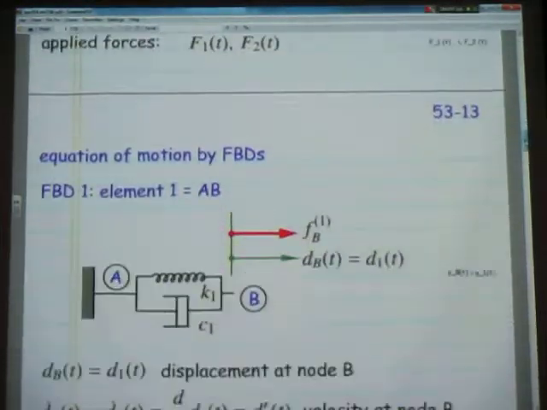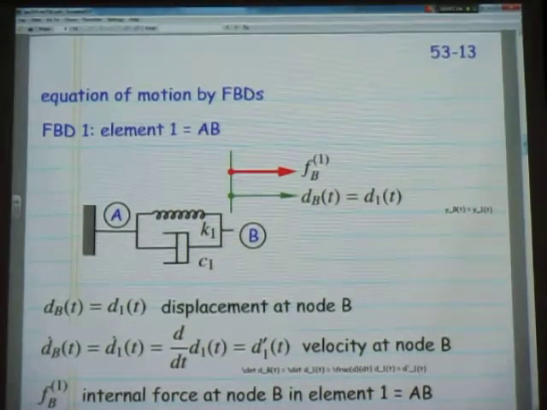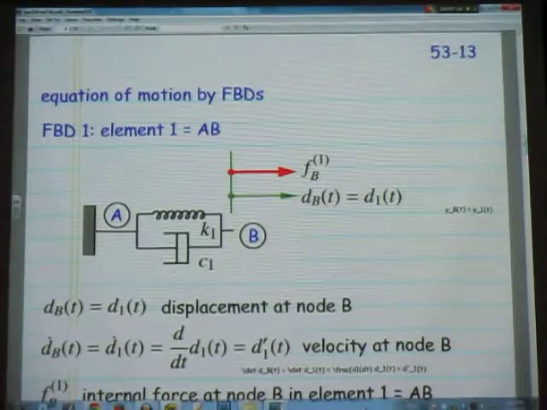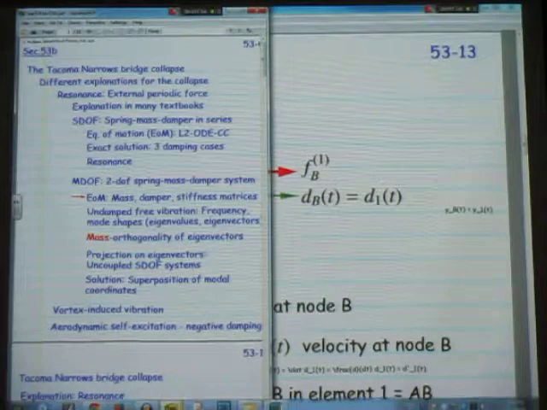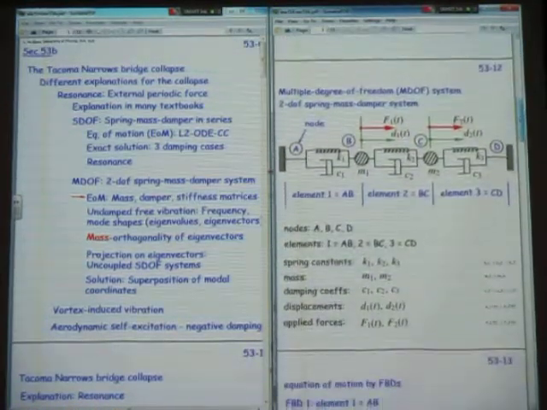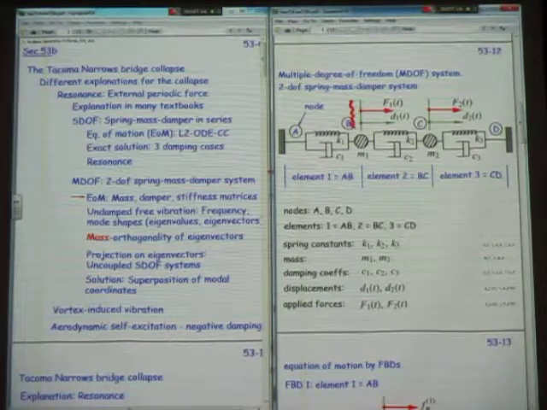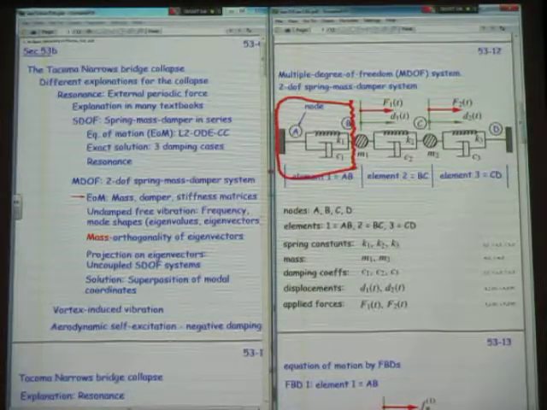So this is the first cut. Let me go to this. This is the table of contents. On this side, I can do some scratch work, right? So this is the model, and you can think of cutting like this. You cut through between element 1 and the mass at B, and you can also include the support.